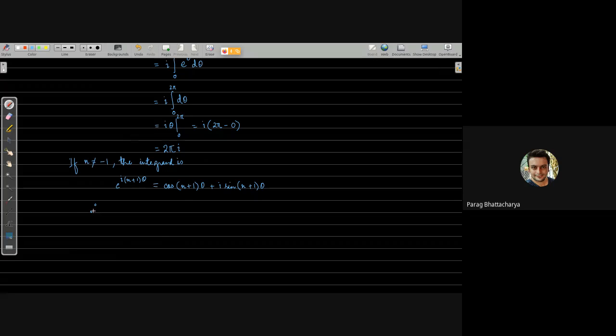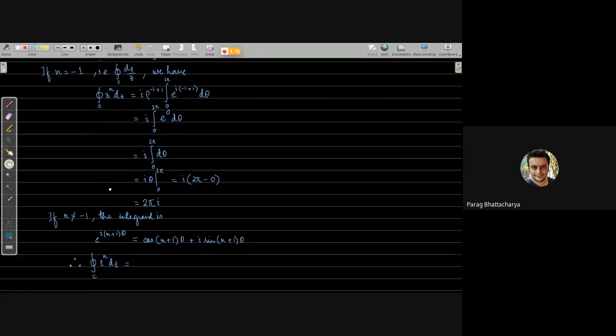So therefore, when we try to integrate this now, integration over C of z to the power n into dz, for this case, this is going to become i into rho to the power n plus 1, and then we have two integrals, one is cos, another one is sine.